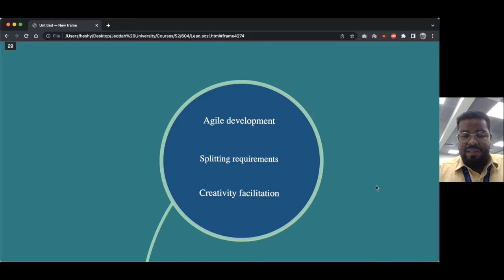We need to adapt to the quickly changing market and what competitors are doing, splitting the requirements into smaller groups to ease the development and further integration. And creativity facilitation, like allowing the designers to tailor in their creative ideas.